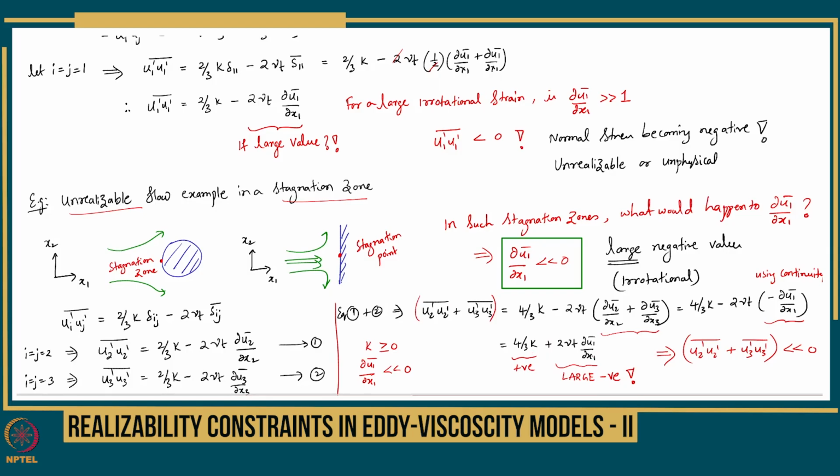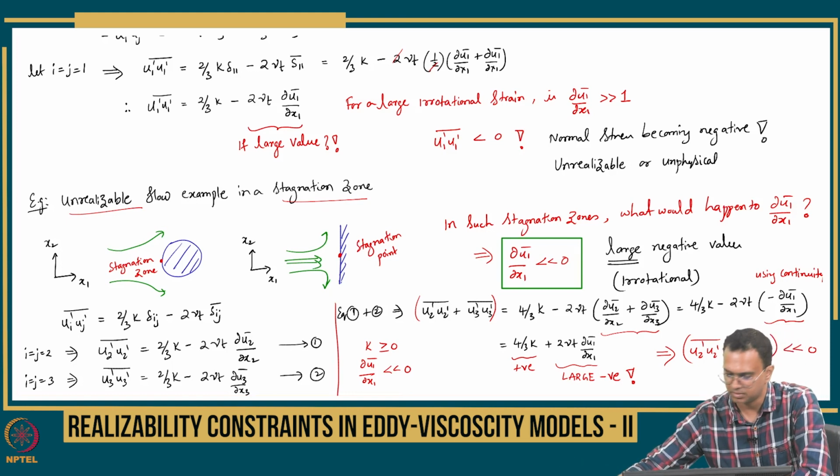K is positive, ∂u1 bar by ∂x1 is an extremely large negative value, and therefore the sum of the two normal stresses becomes negative. Now this does not mean that both are negative. There is a good chance that both stresses can be negative, or one is very negative compared to the other one. Either way, it is unrealizable or unphysical, because these two have to be positive, correct?